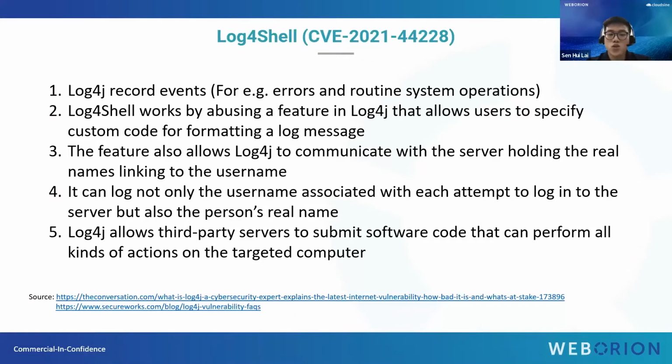So you can log not only the username associated with each attempt when the user logs into the server, but also the person's real name if it's stored inside the directory server. What this does is that it allows third-party servers, which could be an attacker-controlled server, to submit software code that can perform all kinds of actions on the targeted computer.